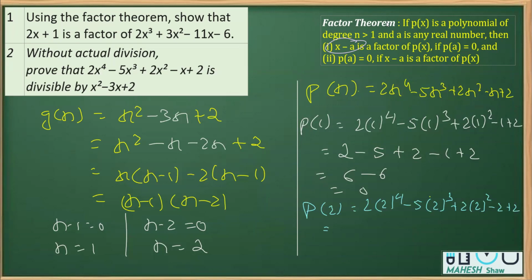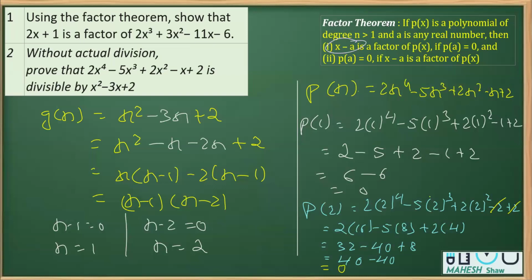Now 2 raised to the power 4 is 16, so that is 2 into 16, minus 5 into 2 raised to the power 3, which is 8, plus 2 into 2 raised to the power 2, which is 4. We can even cancel the minus 2 plus 2. So this gives you 32, minus 5 into 8 which is 40, plus 8. Now 32 plus 8 is 40, and this is minus 40, so this is equal to 0.